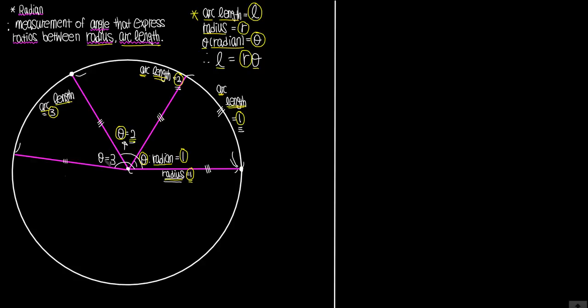Theta equal to 3 means the arc length is 3 and the radius is 1, and the proportion between them, which we notate in radians as theta, is 3. We could prove the identity that we proved in previous videos about the ratio between arc length and radius. So this is a case where the arc length increased 3 times larger than the original arc length.